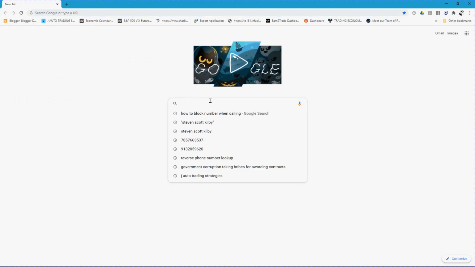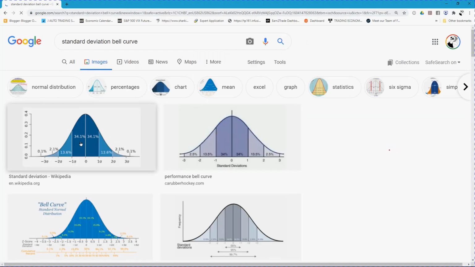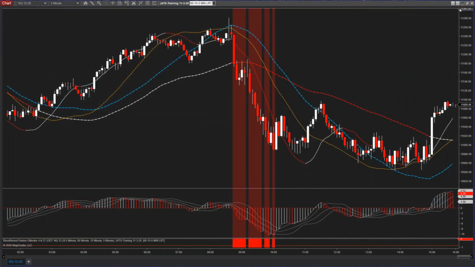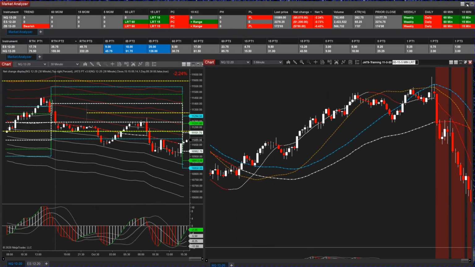And you use the statistically significant levels for your 1, 2, 3 on half of this bell curve to get your levels. And that's what the indicator will give you on multiple time frames.